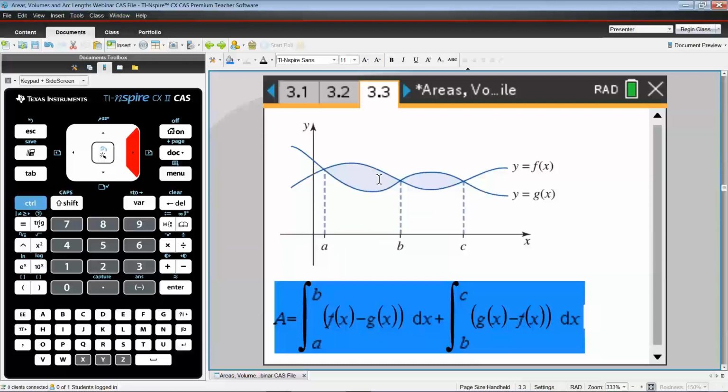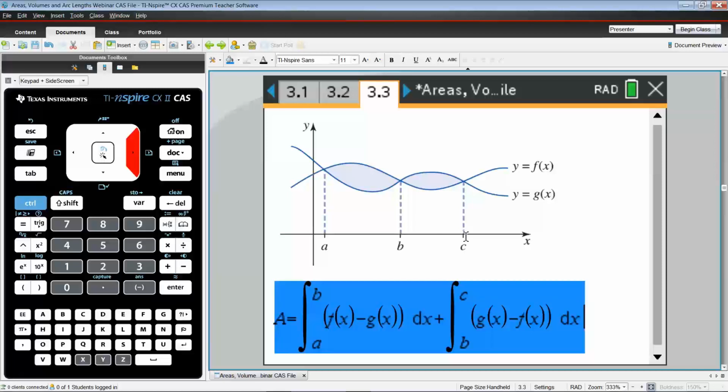So looking at this first region over here, we have f of x above. So y equals f of x is the function that's above the region in the interval a to b, and g of x is, of course, below the region in a to b. So the integral here is from a to b of f of x minus g of x dx, just like it was before.